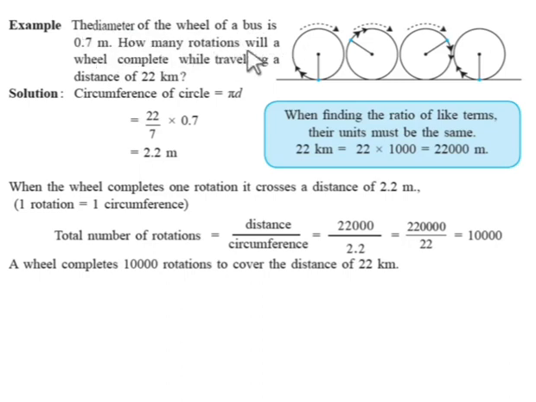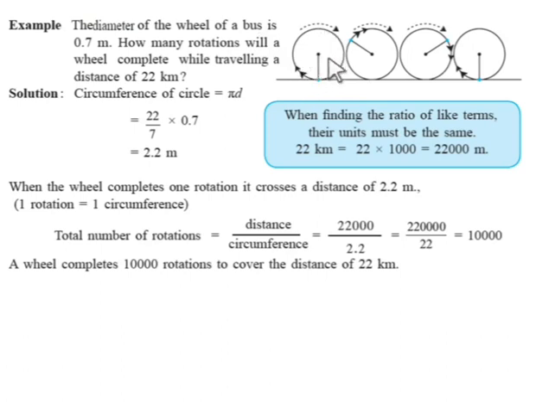How many rotations will a wheel complete while traveling a distance of 22 km? Now, the example is very simple and clear to you, that the diameter of a wheel of a bus is given. Now, if you consider this as the wheel, then the diameter of the wheel of a bus is given.